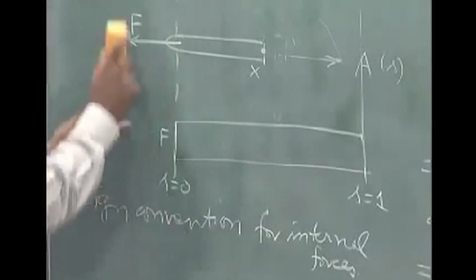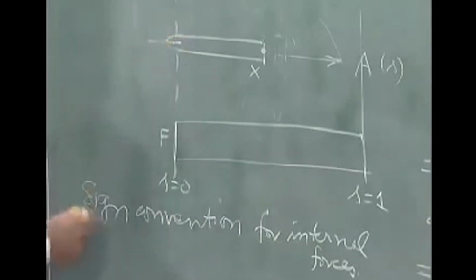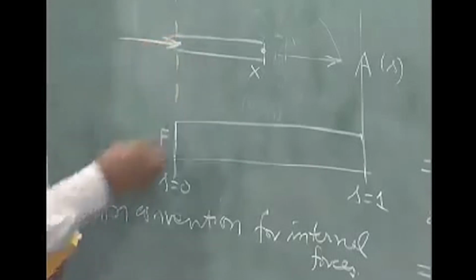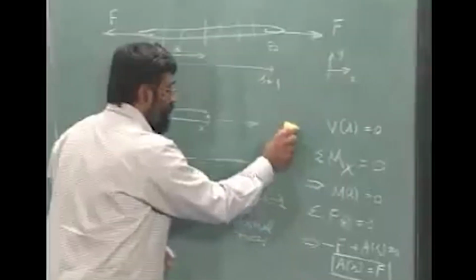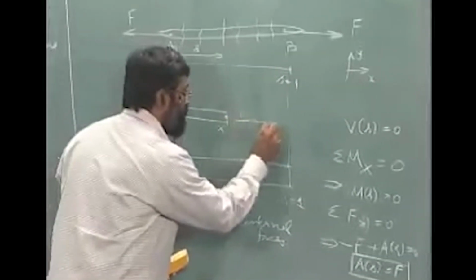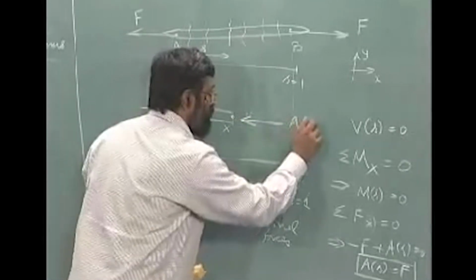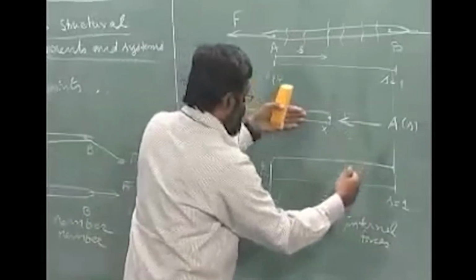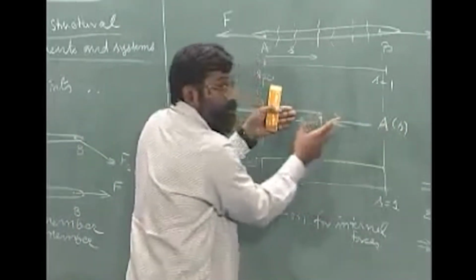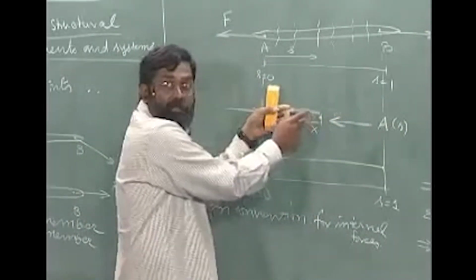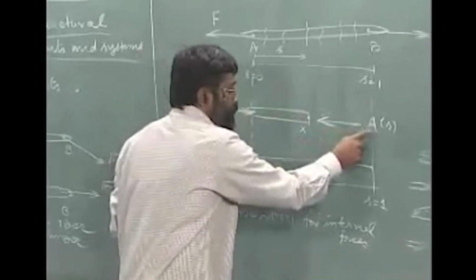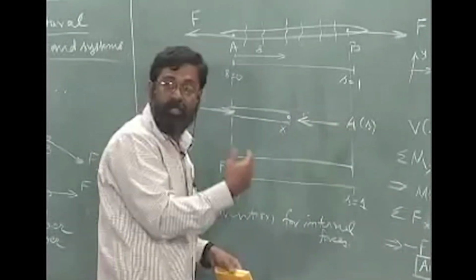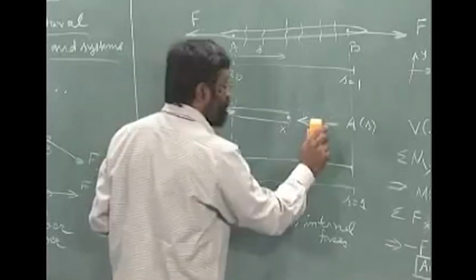Supposing this external force had been like this, then the internal force direction also will change to like this, and in this particular case if you hold this, this is pushing it, compressing this particular rigid body, and therefore the notion of this axial force is negative, okay.